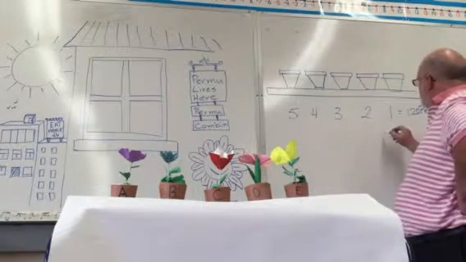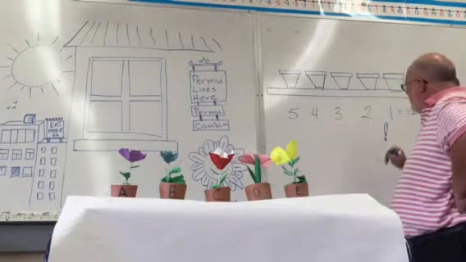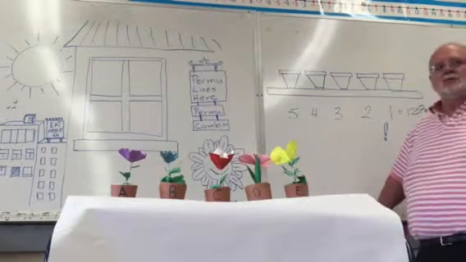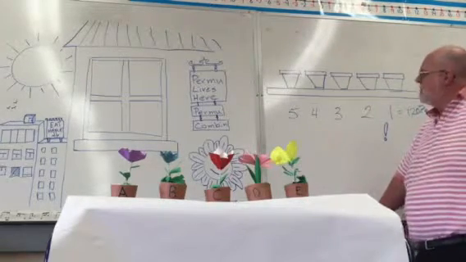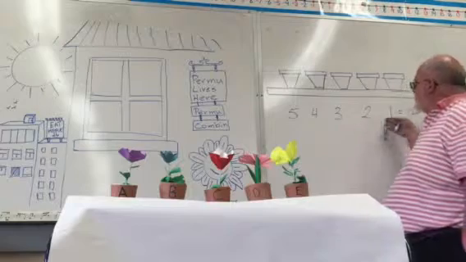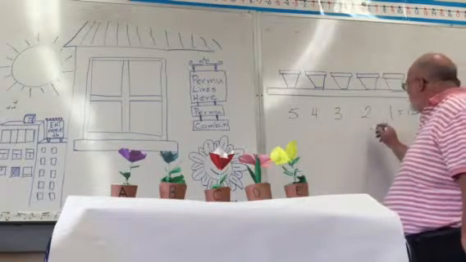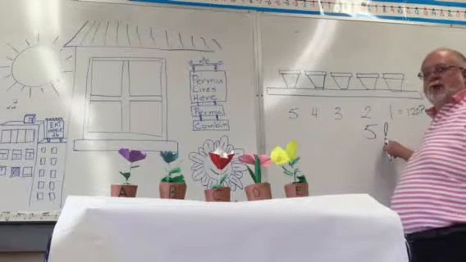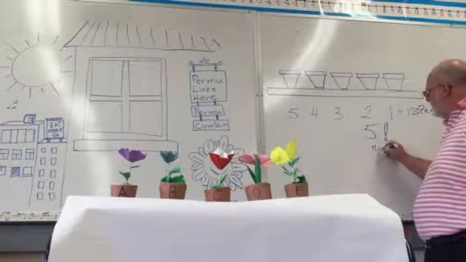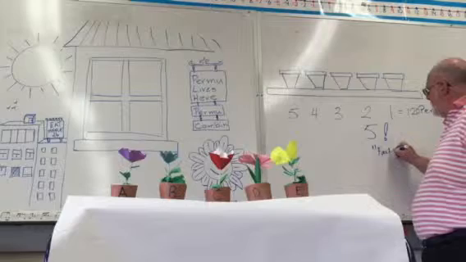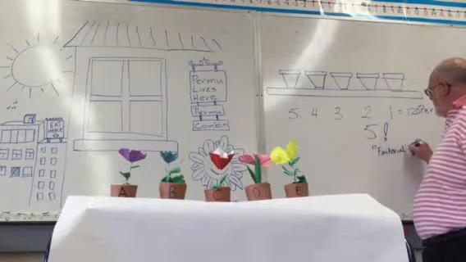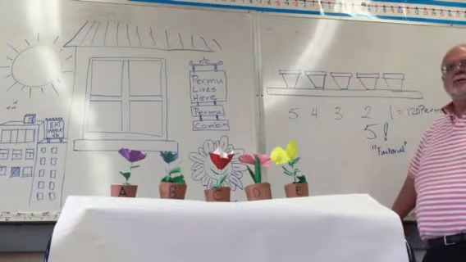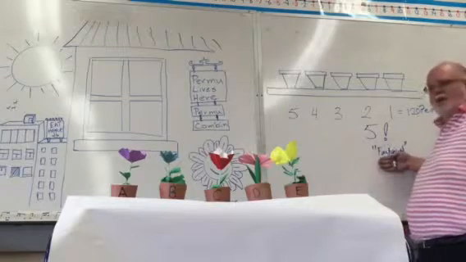Well, I think the exclamation point is probably the symbol that you'd use for surprise. So if I want to talk about the way these numbers are written, I would say that this is 5 factorial. And this exclamation point here is read factorial.